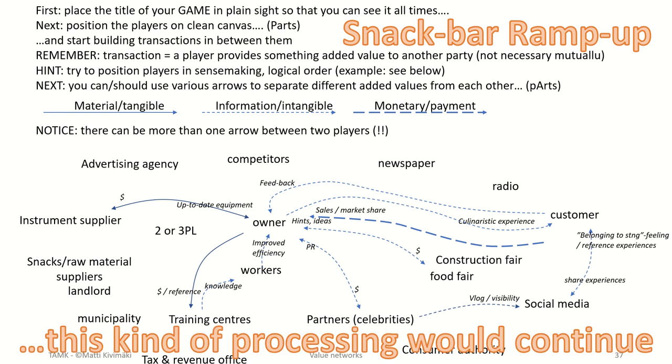I finished here when I prepared this example, since I started noticing that the value network is starting to build up. This doesn't mean that you should quit here, as you notice that there are still newspaper, radio competitors, advertising agencies, municipality that is in charge of any permissions relating the snack bar activity.